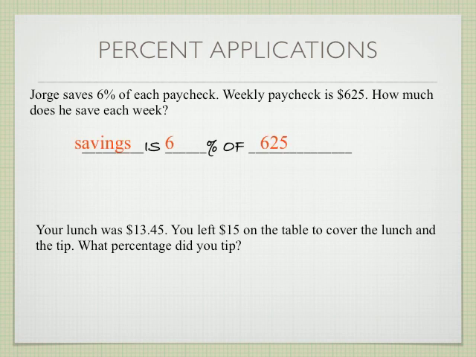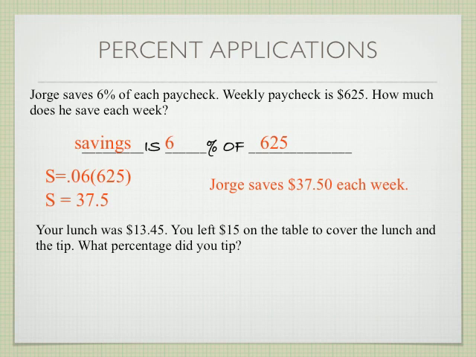So his savings is 6% of his paycheck, which is $625. Translating, we get S equals 0.06, again remembering to convert. Percent of means multiply. So we get 37.5. Answer in real life terms. Don't tell me 37.5, but $37.50 would be acceptable. So Jorge saves $37.50 each week.